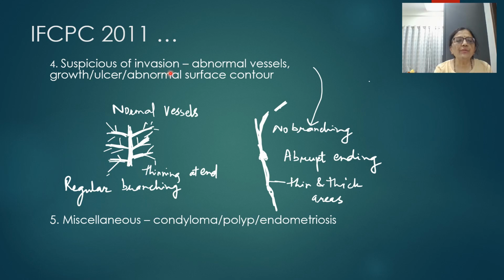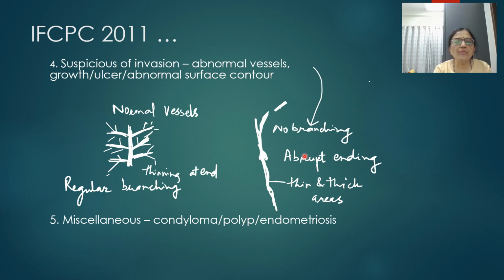Fourth is suspicious for invasion. Whenever we see abnormal vessels or a growth over the cervix, an ulcer over the cervix, bleeding on touch, and abnormal surface contour, all these are features suggestive of invasion. Normally, in a normal vessel there is regular branching, like a tree, and the branches become thinner towards the end. So this is regular. Whereas in abnormal vessels there is absence of branching, abrupt ending of the vessel and then it restarts, and at some areas there is knobbing, with thin and thick areas present.